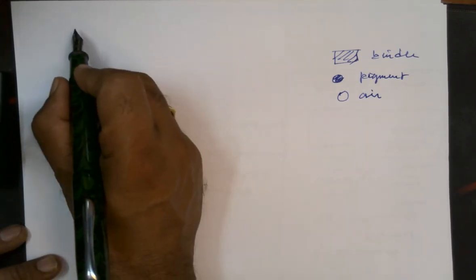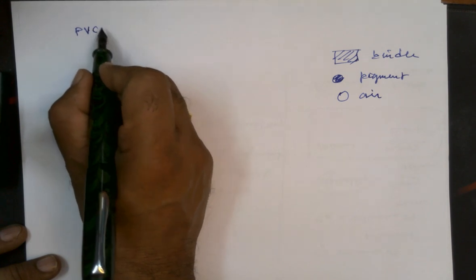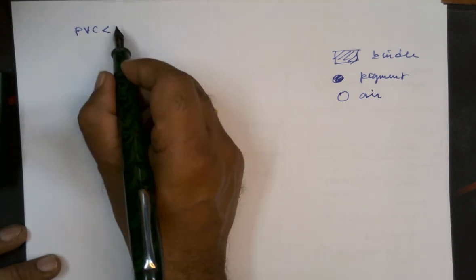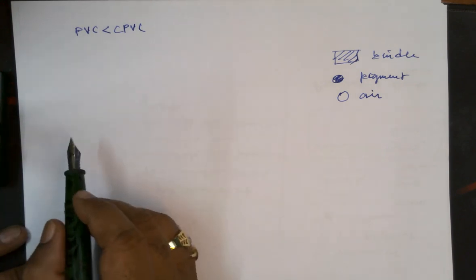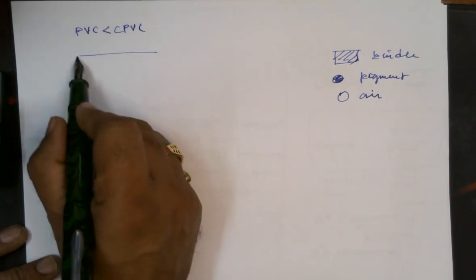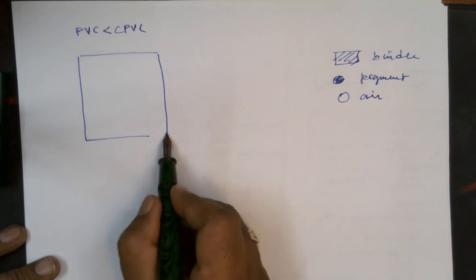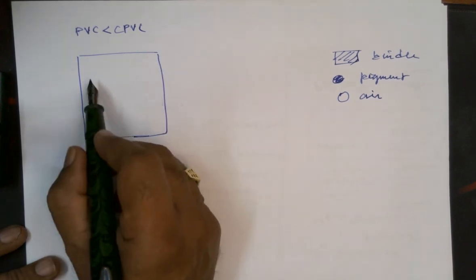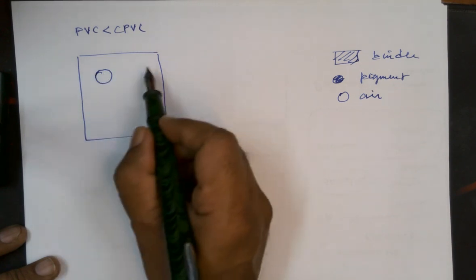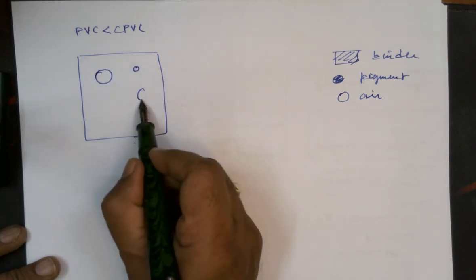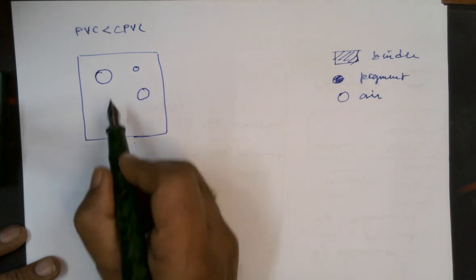Now, when the pigment volume concentration is less than critical pigment volume concentration, it means you have got the binder. So the binder consists of what? The pigment with various particle sizes like this.